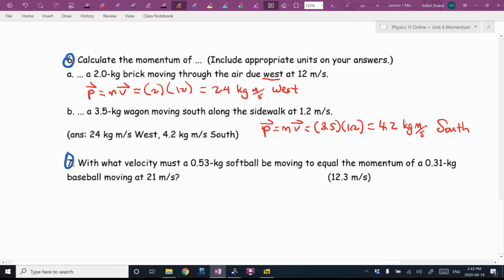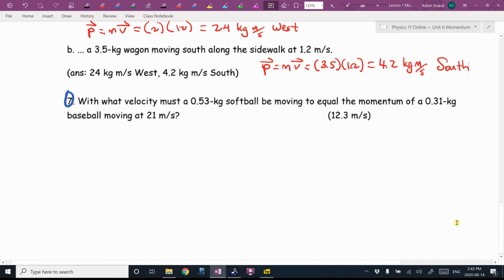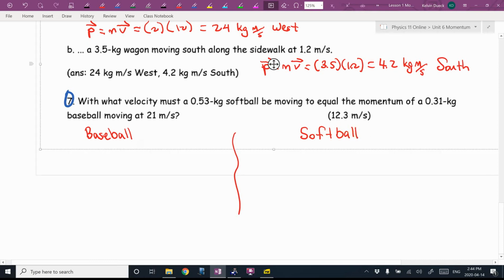Number 7. With what velocity must a 0.53 kilogram softball be moving to equal the momentum of a 0.31 kilogram baseball? Okay. Well, I'm going to do the baseball here. I'm going to do the softball here. They want me to find the velocity, actually.